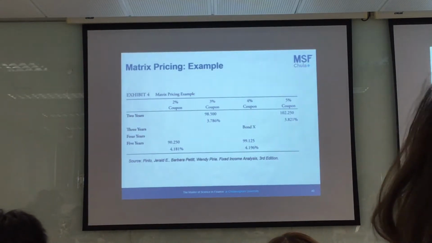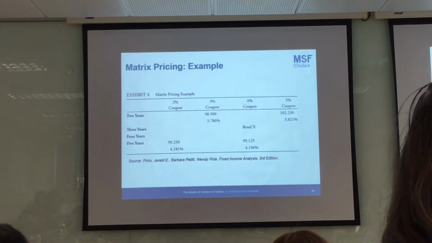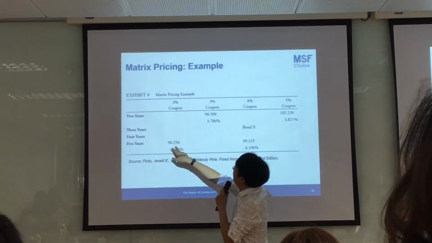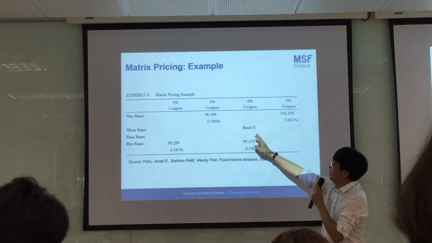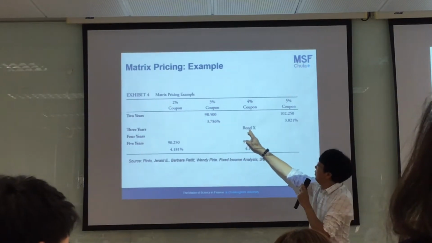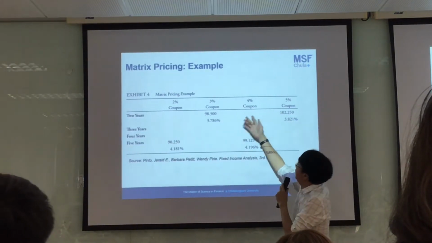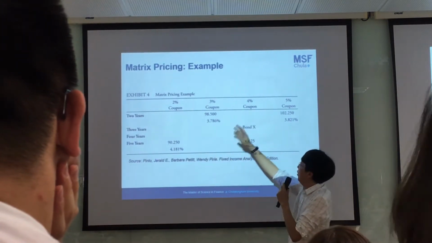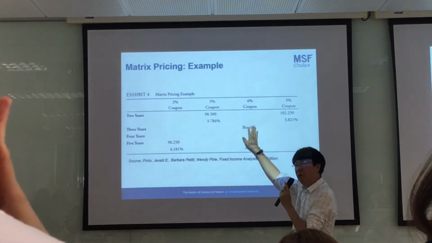In this case, suppose we can obtain the market price and market yield of 2-year bonds with 3% and 5% coupon rates, and for 5-year bonds, the 2% coupon and 4% coupon. What we want to estimate is the 3-year bond. Given the 2-year bonds with different coupon rates and the 5-year bonds with different coupon rates, how can you come up with the indicative yield or price of this bond?